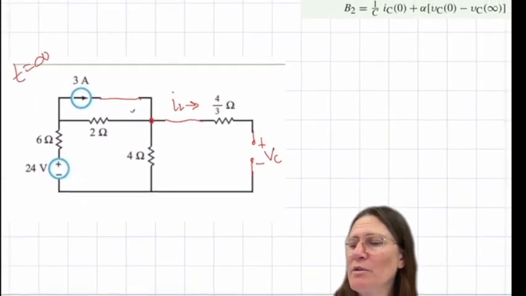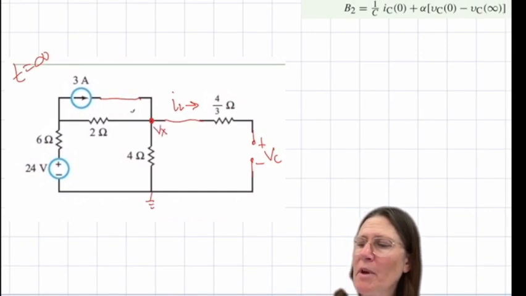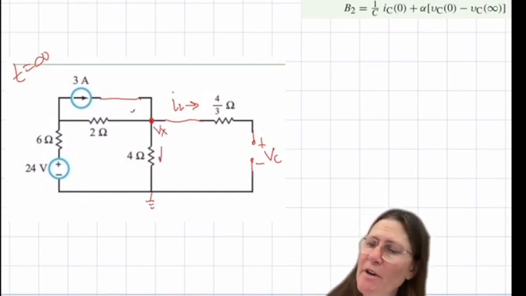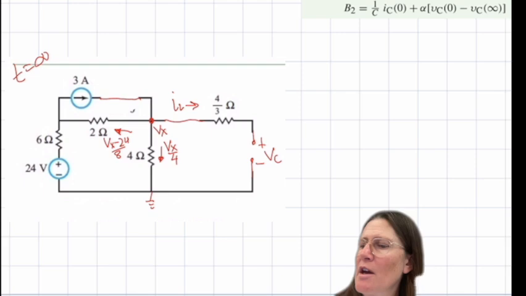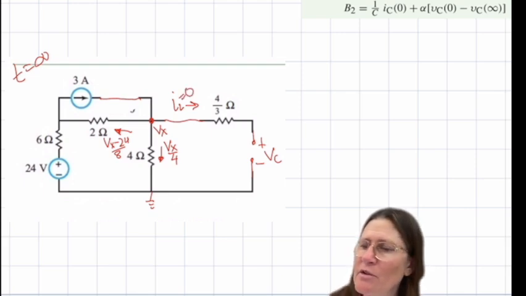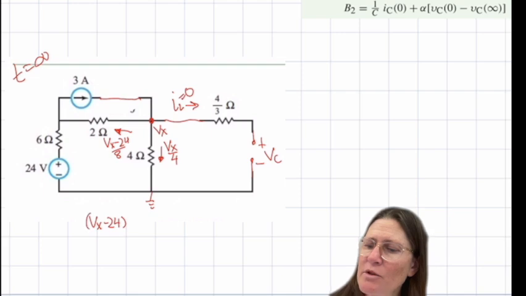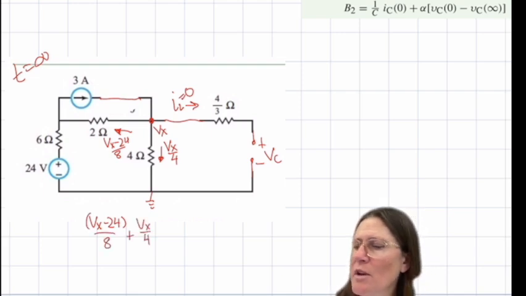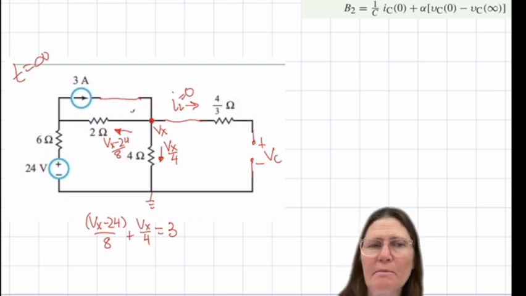So now we can do the same idea as before and find current in this branch is Vx over 4. Current in this branch is still Vx minus 24 over 8. And then this is 0 because it's floating. So current going out is going to equal the current coming in, which is 3.